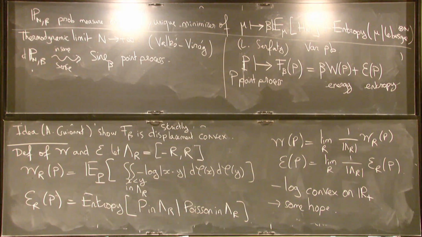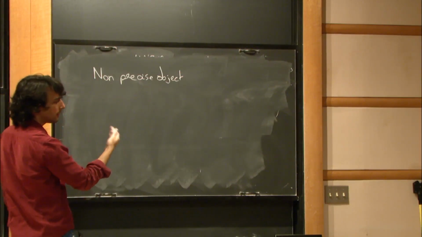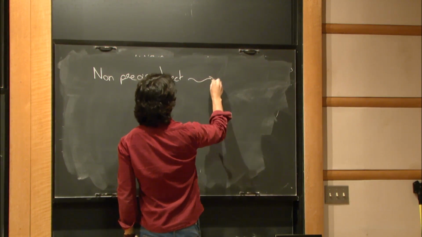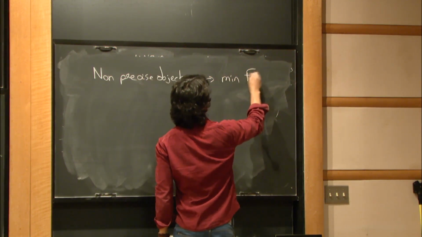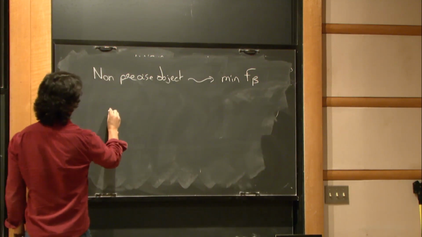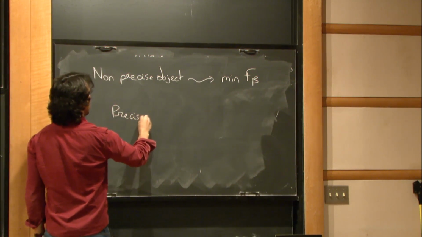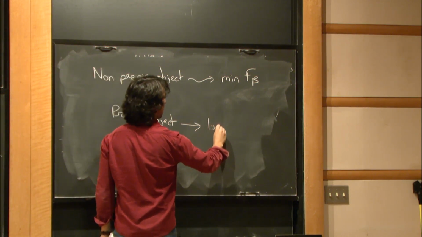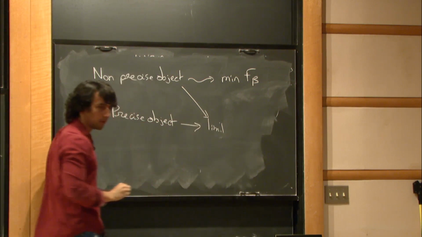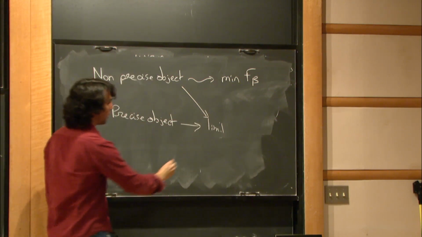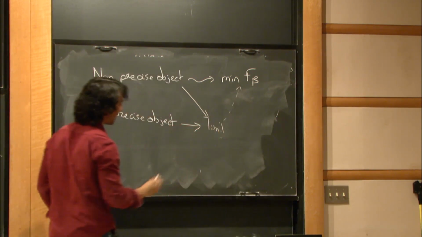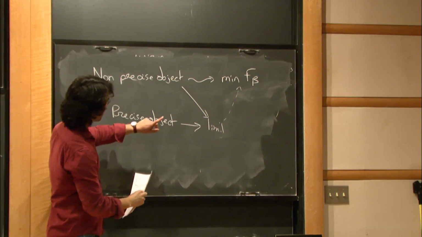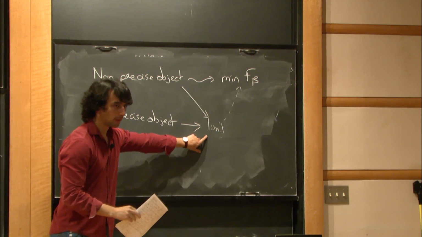What we know is that the non-precise object, non-precise in the sense that it's an average, must minimize f beta. And if this has a limit, then this has the same limit, and it has to minimize this. But the fact that this has a limit is not clear.